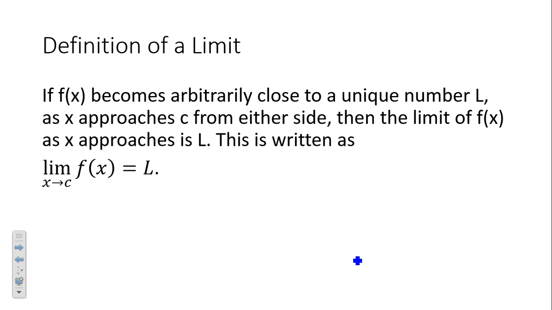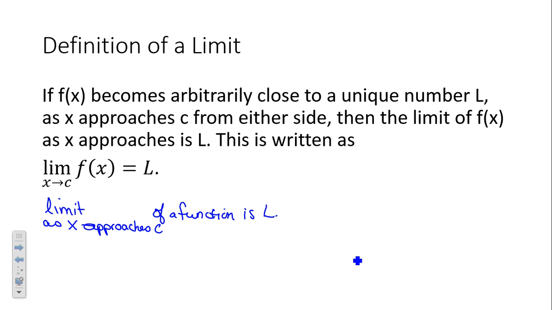Lim stands for limit as x approaches c of a function is L. Okay, so that's how we read it. The limit as x approaches c of this function is L.